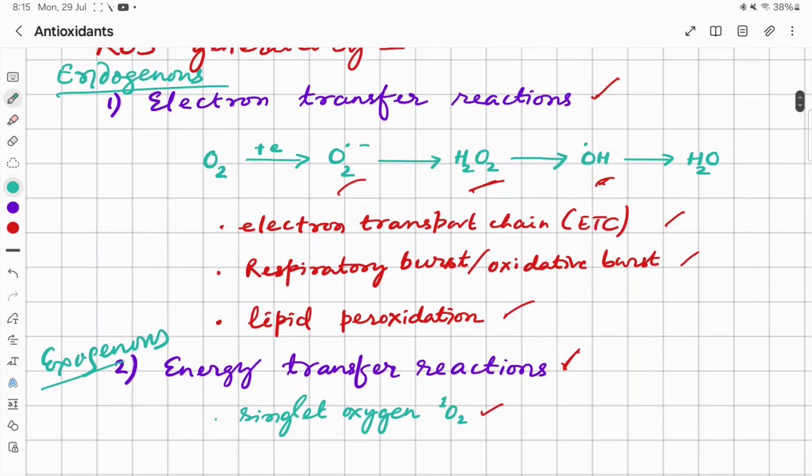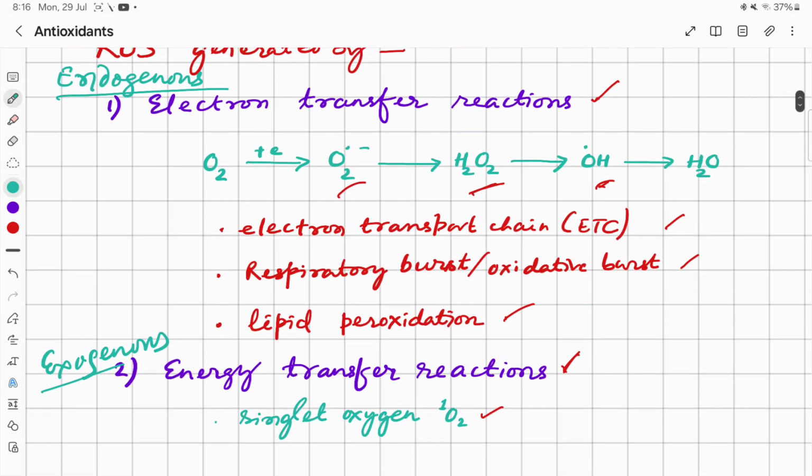So oxygen in presence of an electron is converted to superoxide. Superoxide then in presence of an electron is converted to hydrogen peroxide. Then hydrogen peroxide in presence of an electron can generate hydroxyl radical. So during the conversion of oxygen to water, there can be byproducts, and those byproducts are these reactive oxygen species.